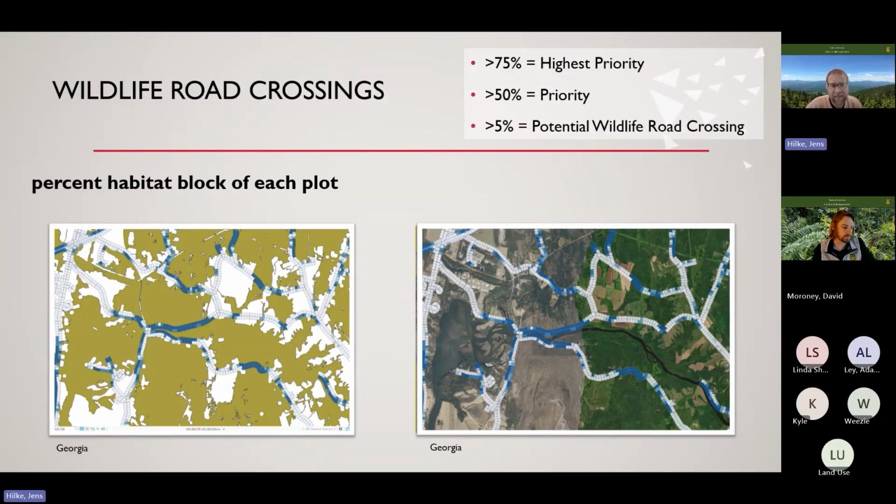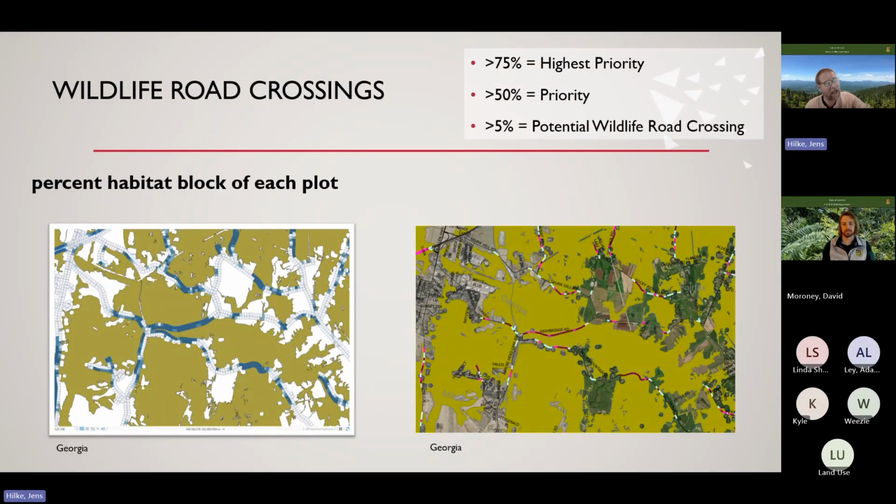So for purposes of BioFinder or Vermont Conservation Design, we made plots. This is a computer model. We made plots on both sides of the road. We assessed the percent of habitat block in each of those plots. And then we were able to flag where there's high percentages of forest on both sides of the road.